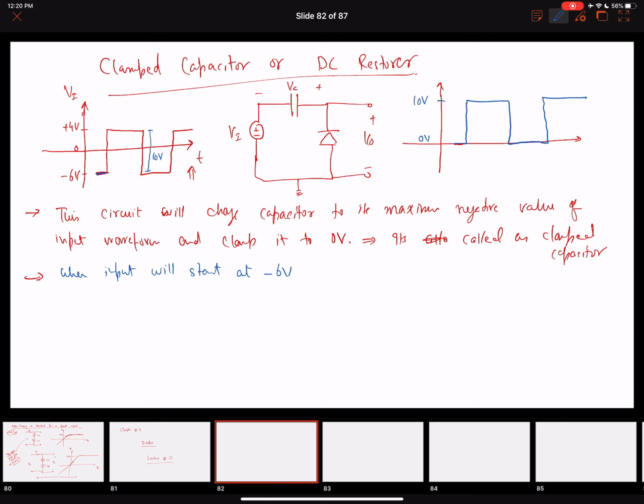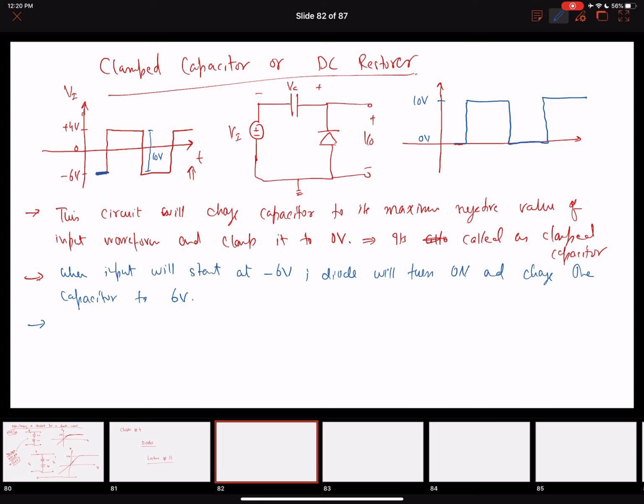So during this region, it is going to charge the capacitor to 6 volts.